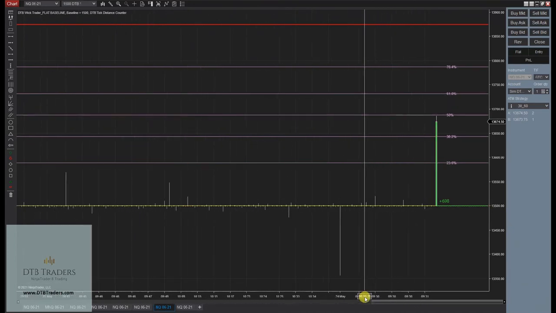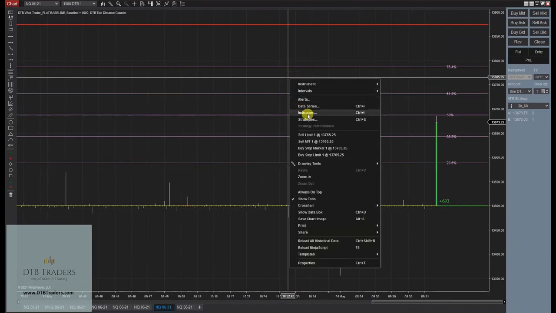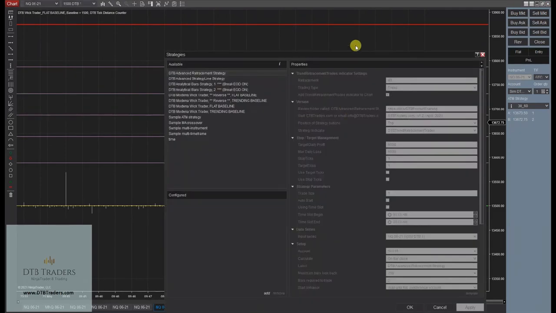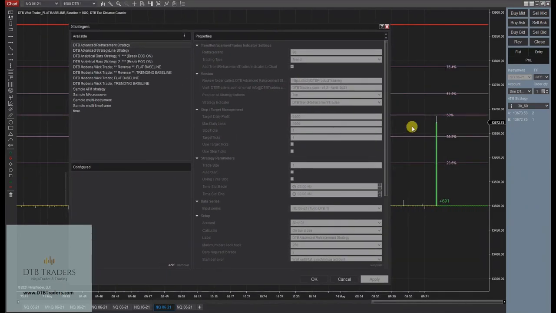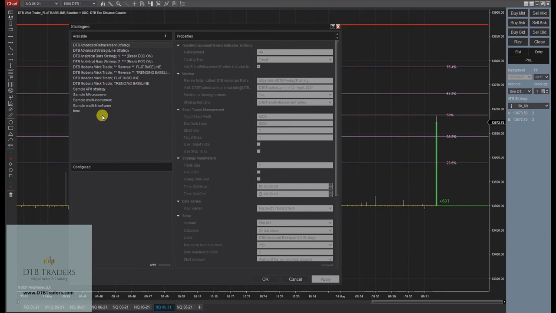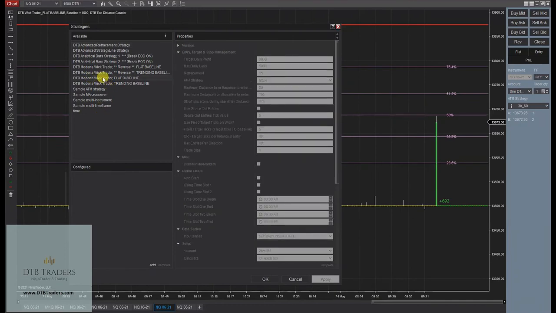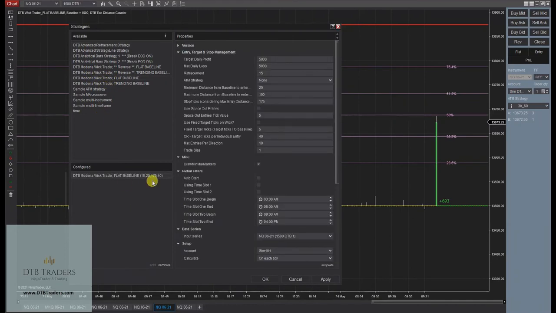So if you are trading an automated strategy, if we're looking at the automated strategies designed for these specific types of charts, this one here is the Medina Wick Trader flat baseline, and here you can basically put in your retracement values. We'll look at that shortly when we cover the Wick Trader strategies.